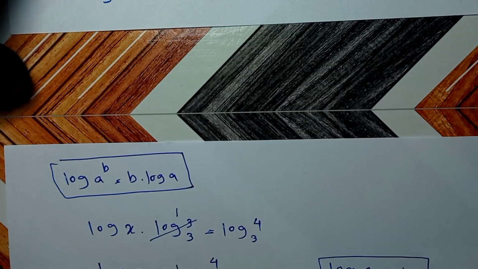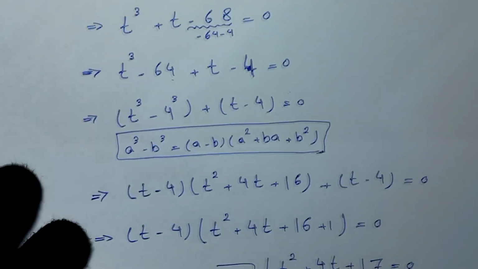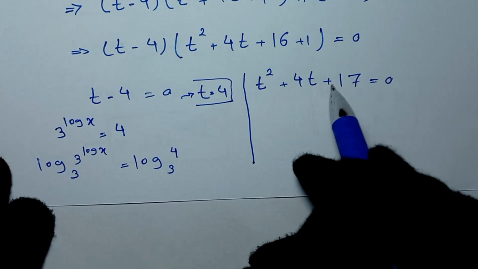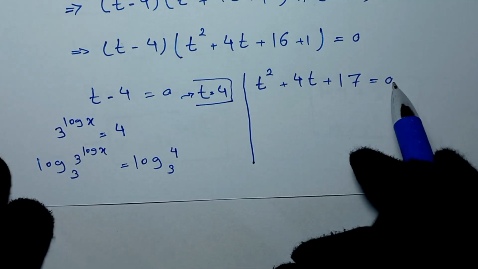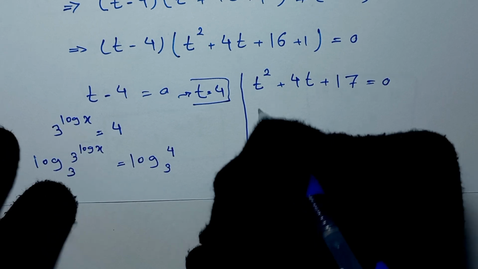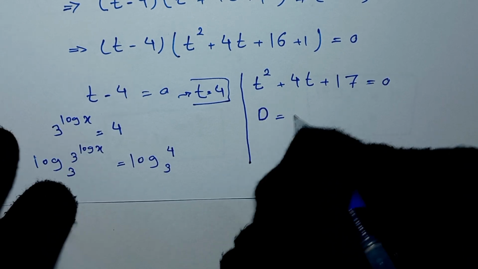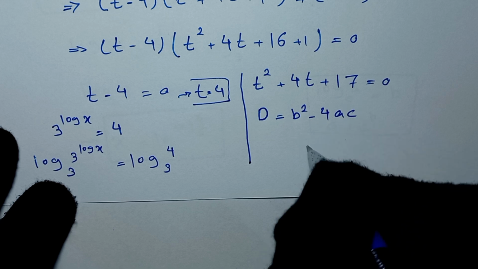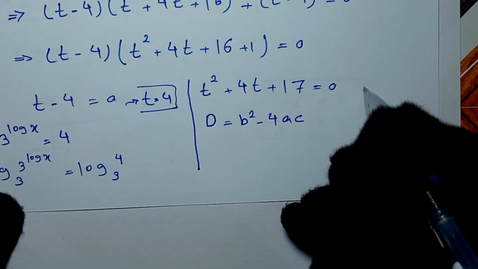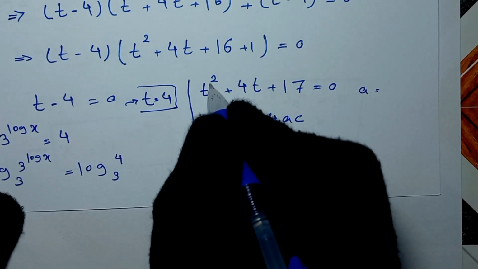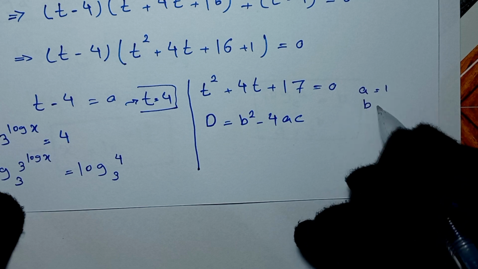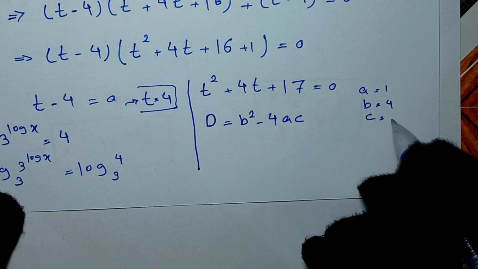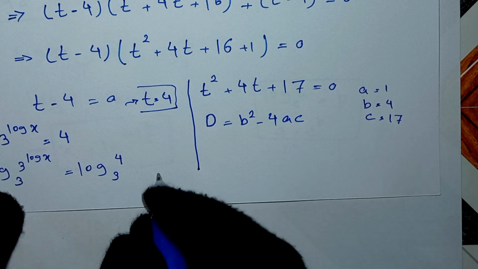And for this part, t squared plus 4t plus 17 is equal to 0, the discriminant is equal to b squared minus 4ac. Here a, the coefficient of t squared, is 1, b, the coefficient of t, is 4, and c, the constant, is 17.